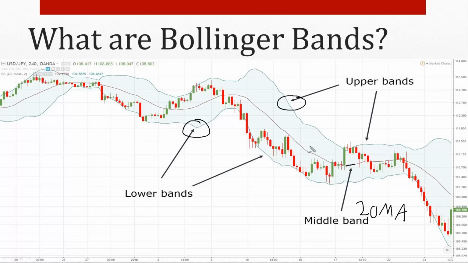Some of you might be wondering, what is standard deviation? It's basically used to determine how overstretched the market is. When you say that something is 3 standard deviations away from the mean, it's telling you that it's pretty overstretched. So the higher the standard deviation, the more overstretched the market is.